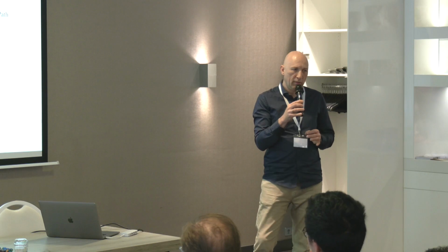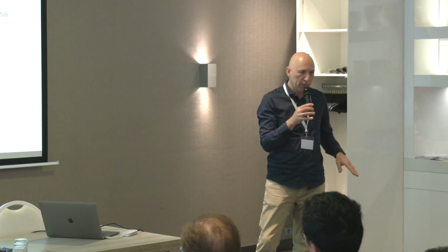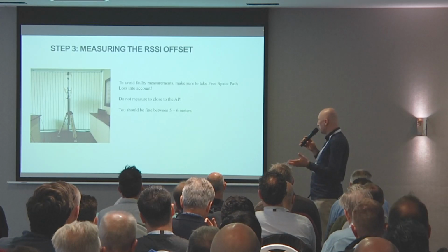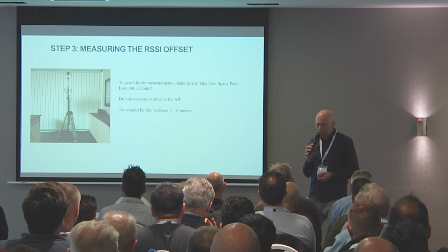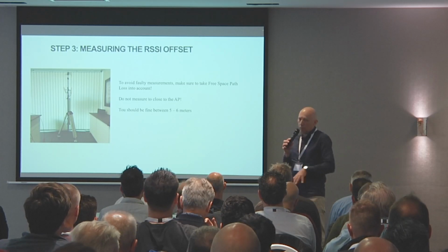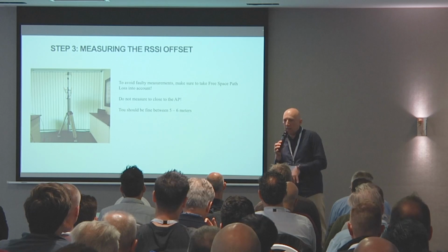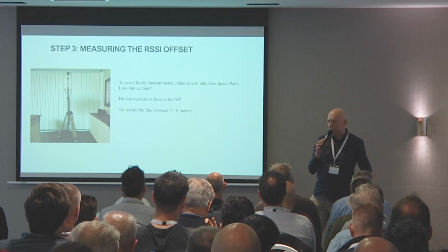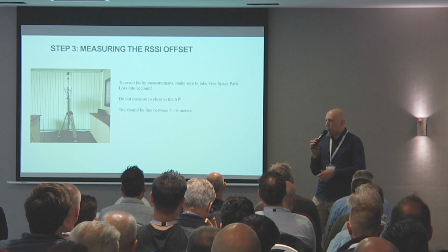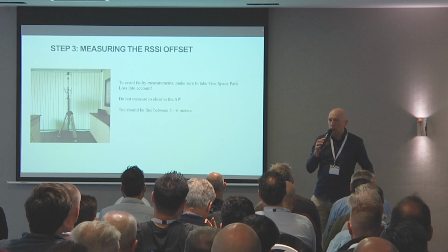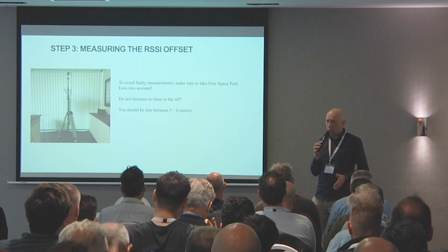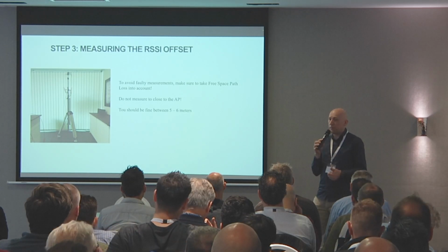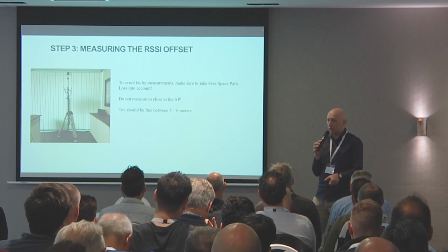Now, one thing that is really important is that you don't measure too close to the AP because of free space path loss. For instance, if you measure at 1 meter distance with a Sidekick, and you test the device you want to know the signal strength of at, let's say, 1.5 meters from the access point, you will have an offset of 4 dB just at half a meter.